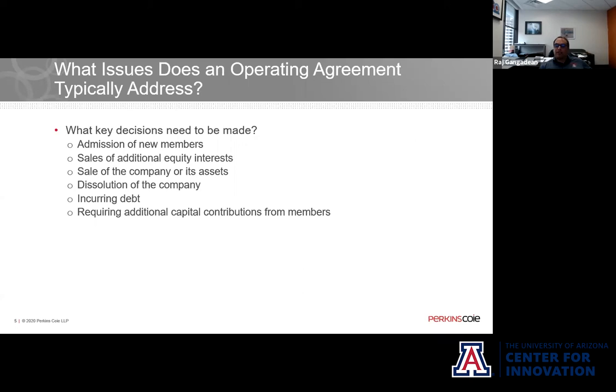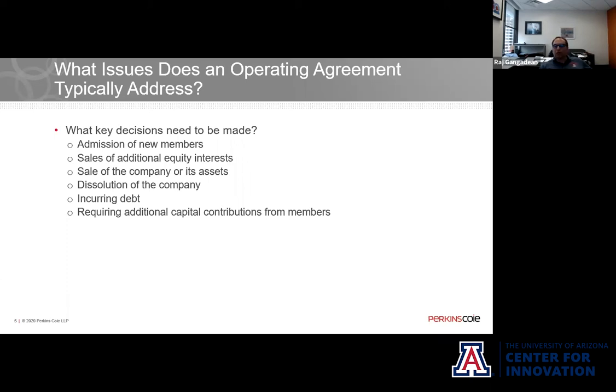You might be in a situation where the company's going along and somebody says, we need all the members to put in additional capital, additional cash into the company so we can go buy a piece of capital equipment or expand the business in some way. What kind of consents are needed to raise additional capital contributions? And what happens if somebody's required to make an additional capital contribution and doesn't? What happens to them? What are the remedies for the other members in the company?